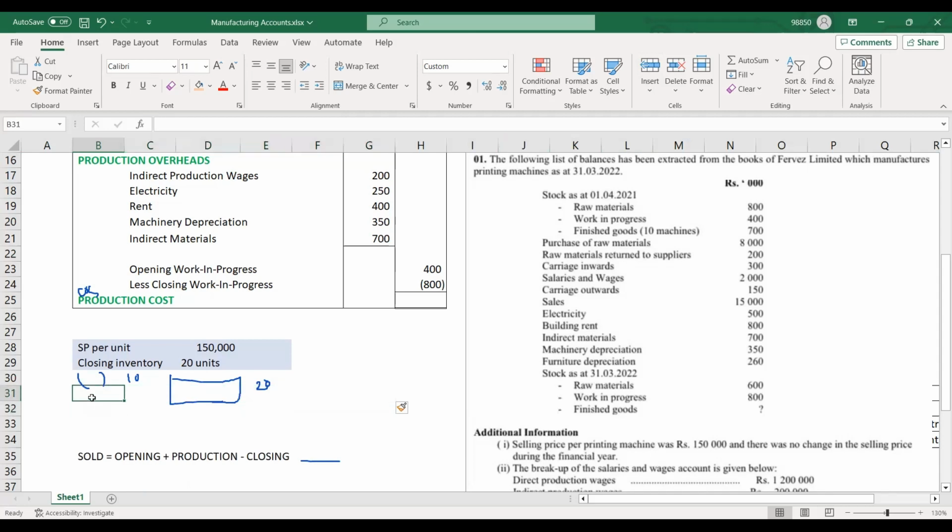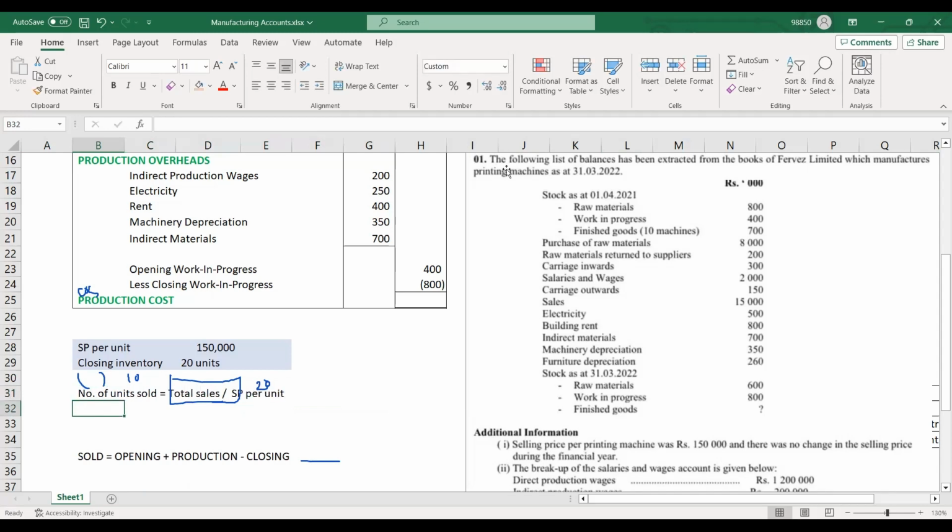So to find out the number of goods sold, number of units, is also again easy. If you want to find out how many you sold, you take the total sales divided by the selling price per unit, right?